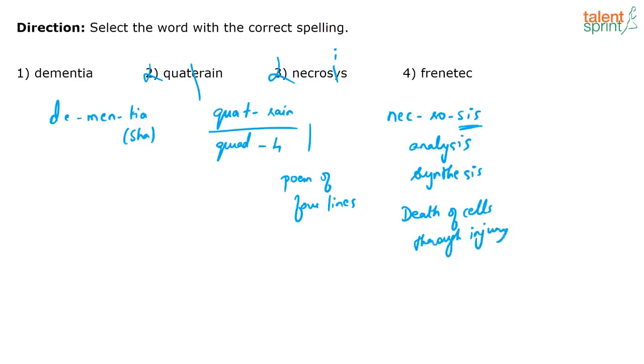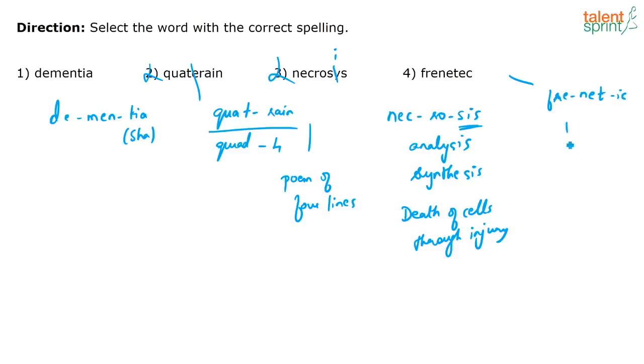Okay, what about frenetic? Can you guys try frenetic? Break it up for me. Syllable breakup. Fourth one. Tell me how many syllables there are. Frenetic. So it's basically F-R-E. Yes, correct. F-R-E-N-E. But it is not E-C, it's I-C. Frenetic.